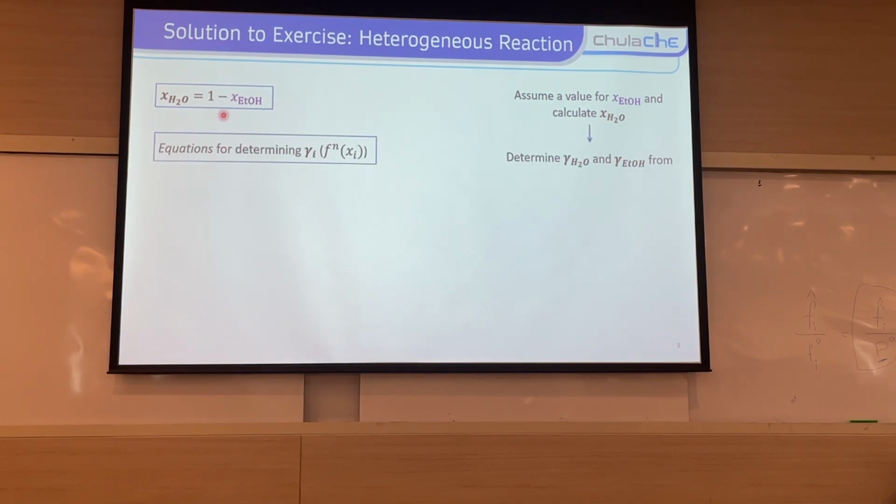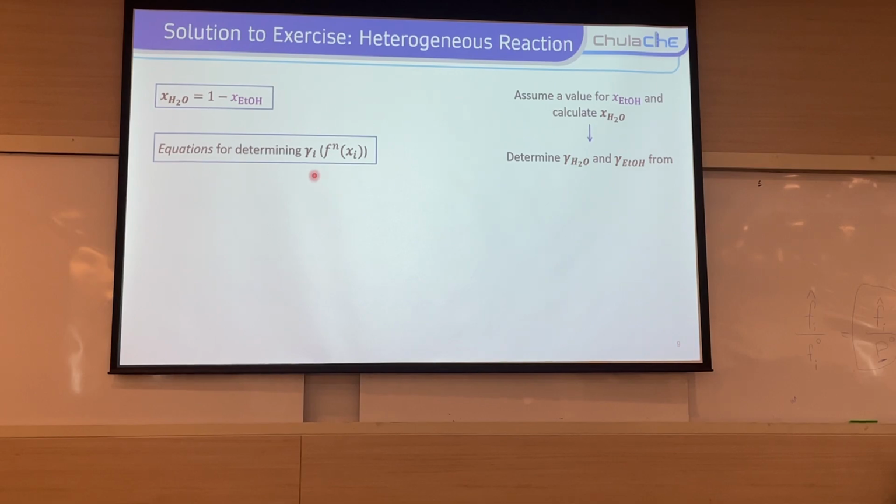The next step: if you know the mole fraction of water and ethanol, then you can calculate the activity coefficient from the model that you know. The activity coefficient is usually a function of the mole fraction in the liquid phase.